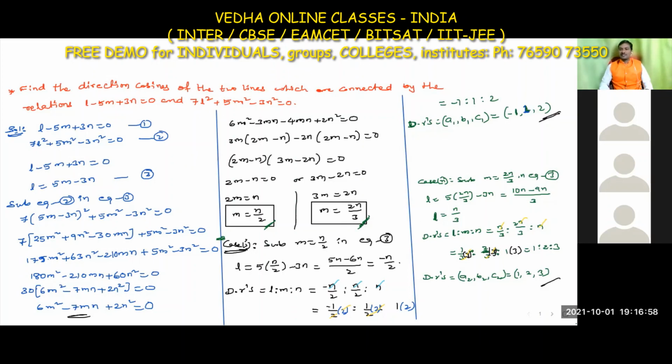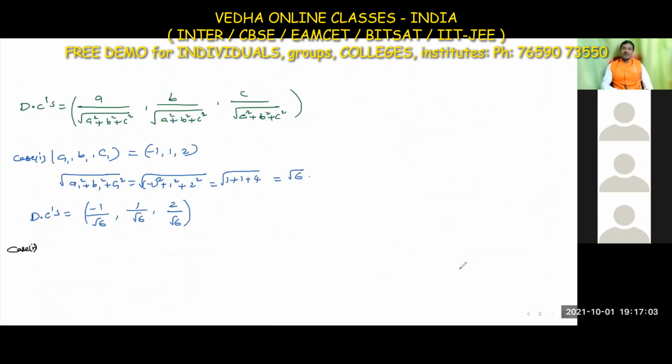For the DCs you can do any one, both options. But for the angle problem, we'll complete up to DRs, then we'll substitute directly.